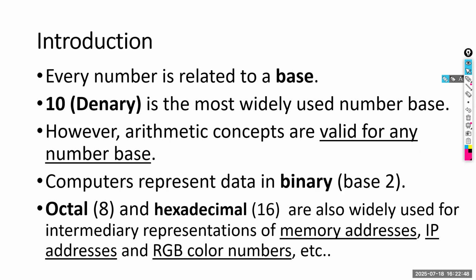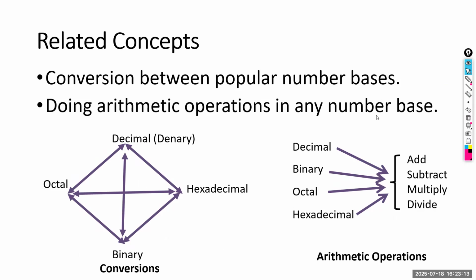And also we have a concept called number base. For general usage, we use base 10, but computers use base 2. And we can extend that concept to any base. And we are really interested in octal and hexadecimal also because those are more closely related to base 2. But our main focus is obviously base 2 because base 10 we are already familiar with. Okay. Right. So this is what you're supposed to understand in this particular topic.